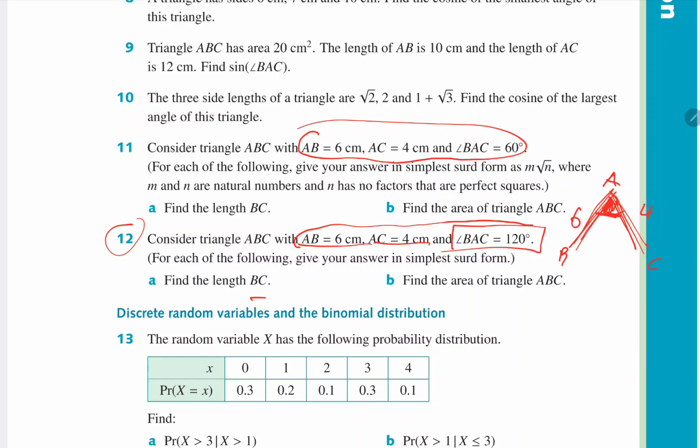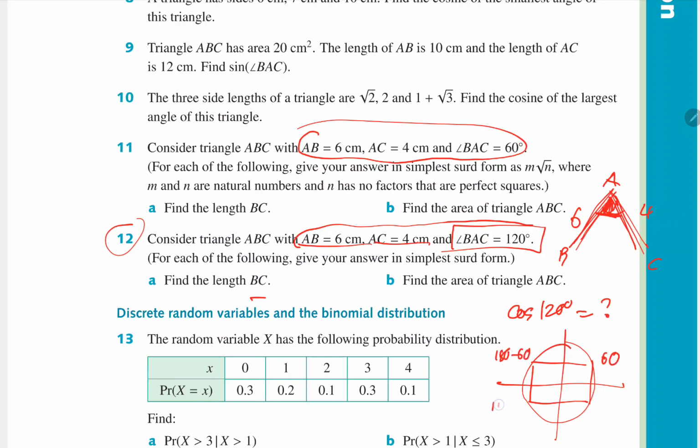But this one is 120. If it is 120, how do we find length BC? Well, we need to work out cos of 120 degrees. What idea are we using here? Is it like 90 and 30? No. This is the symmetry angles. Oh, it's like 180 minus that. Yes, it's 180 minus 60.